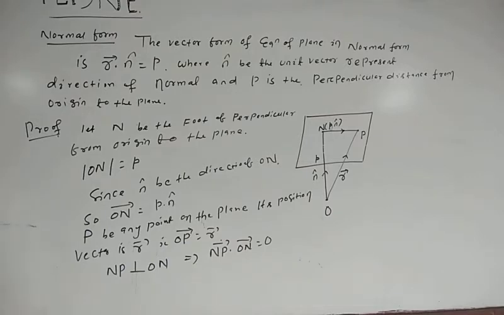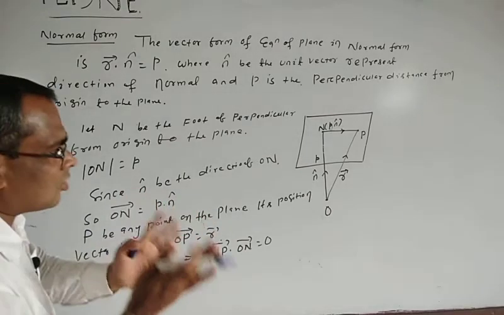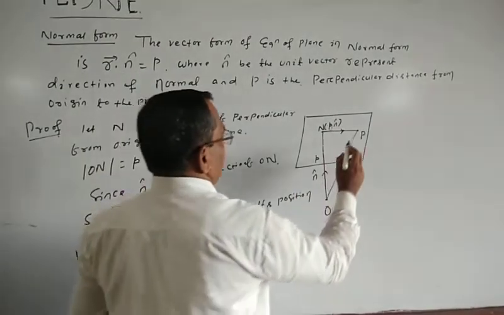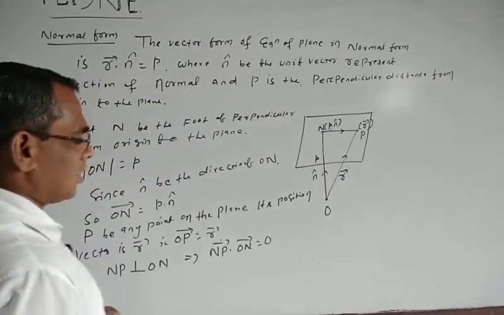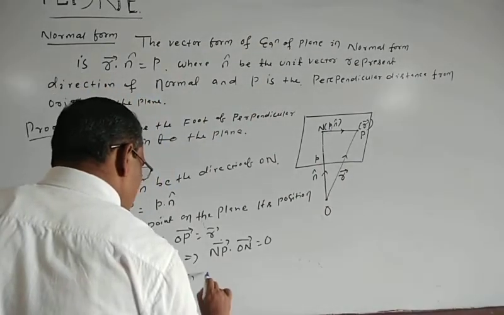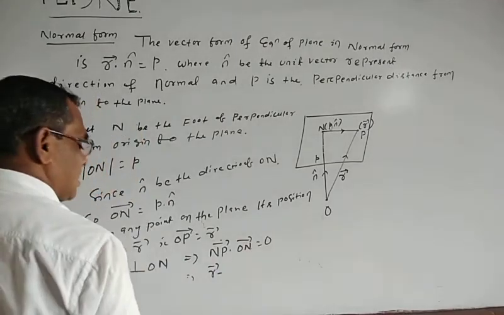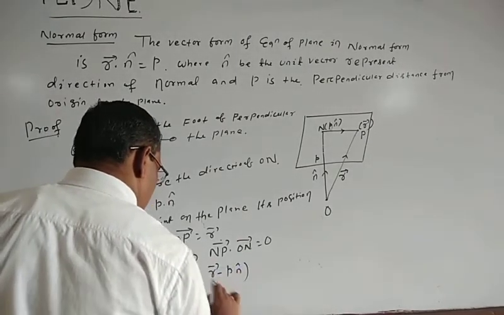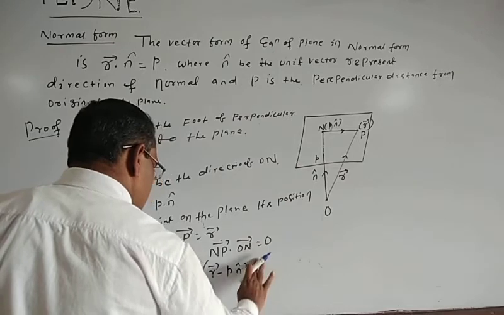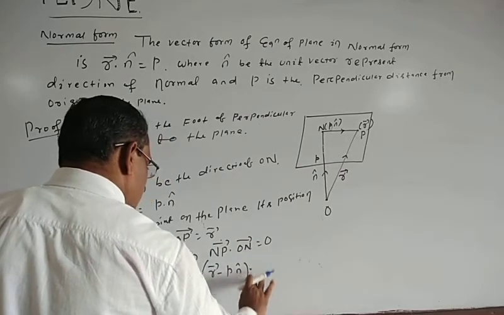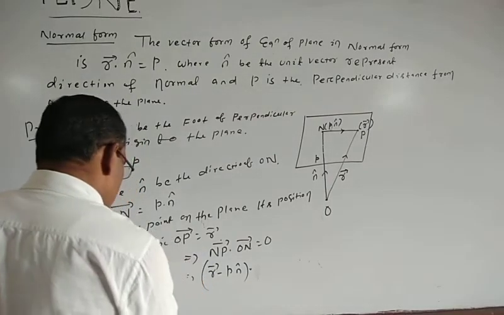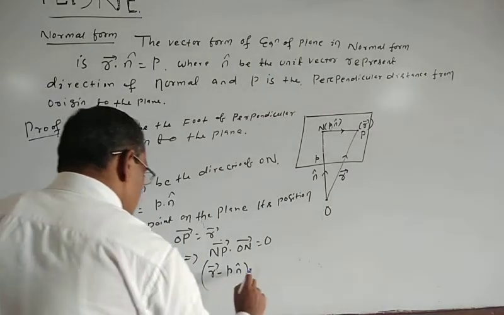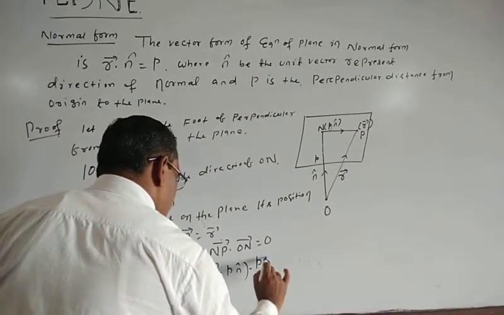What is the NP vector? The position vector of P is r vector, and the position vector of N is p n cap. That implies (r vector minus p n cap) dot ON vector, which is p n cap, is equal to 0.